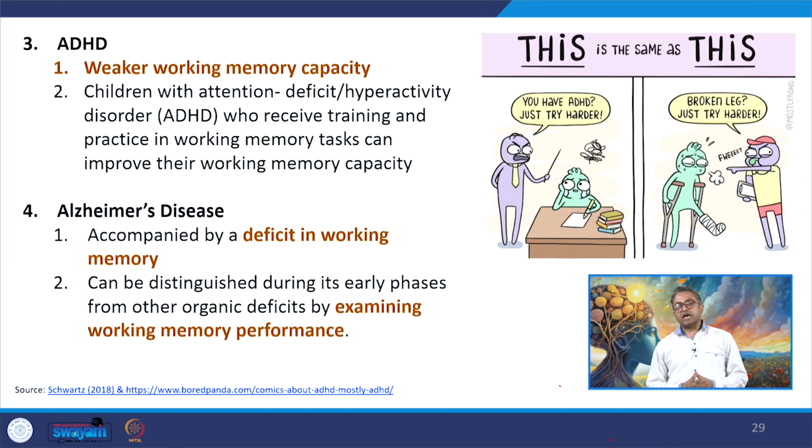Why? Because they are hyperactive, they have more behavioral responses, and they hold less information in their working memory, and the integration of this information is also lacking.